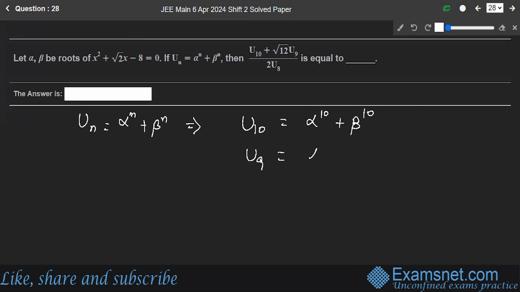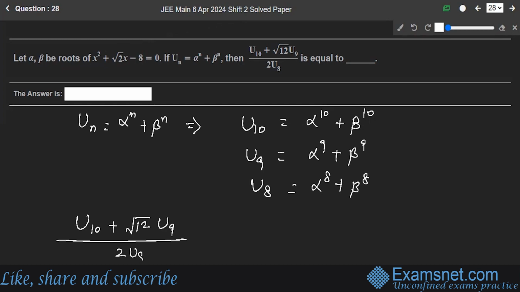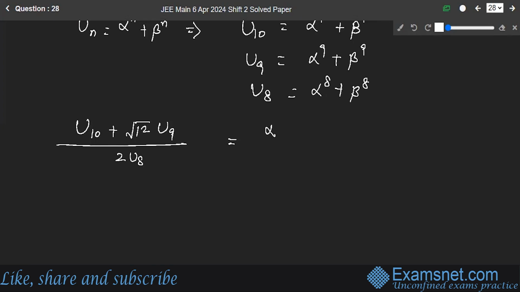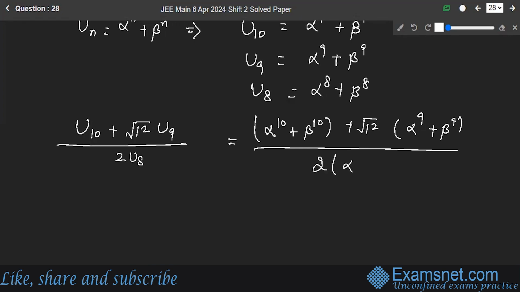U9, U8 will be this. Let's fill all of these values here. So you have U10 plus root 2 U9 divided by 2 U8, which will be equal to alpha power 10 plus beta power 10 plus root 2 times this, divided by 2 into alpha power 8 plus beta power 8, right? So let's do one thing. I'm going to take alpha power 8 common from here.